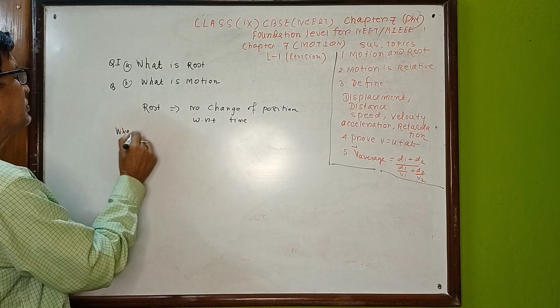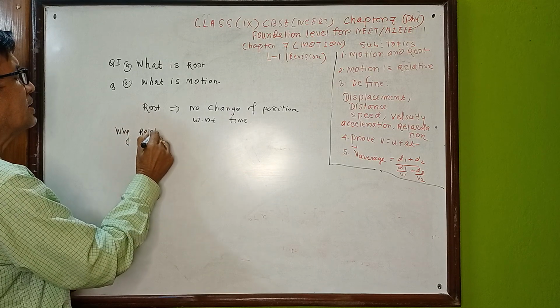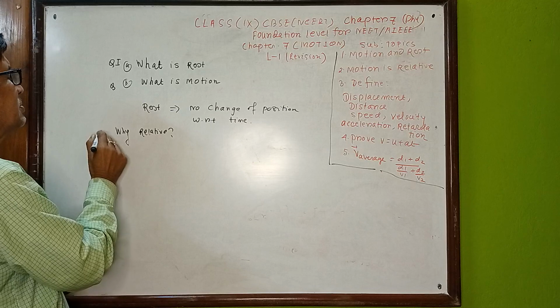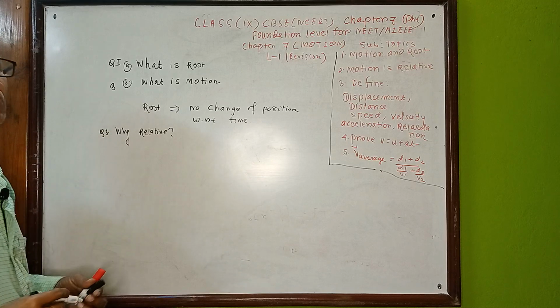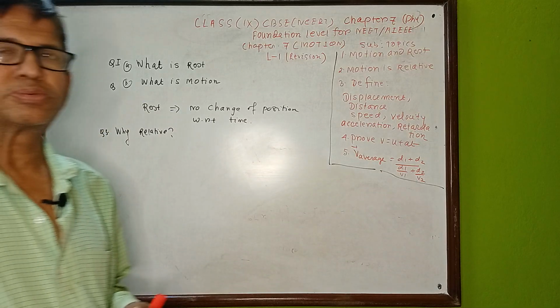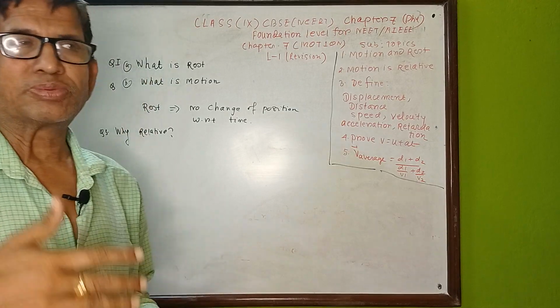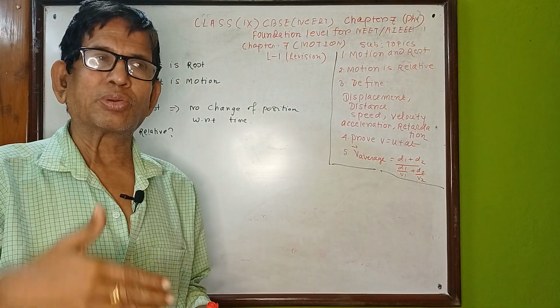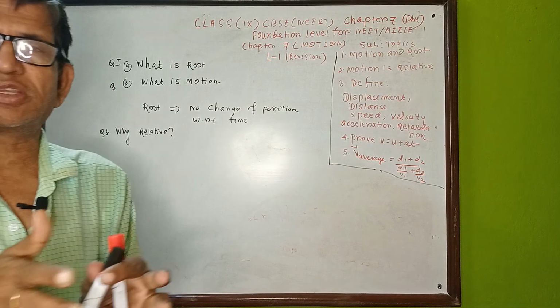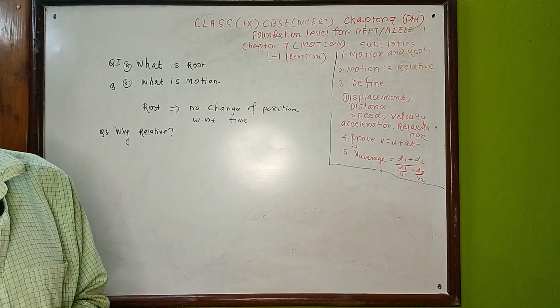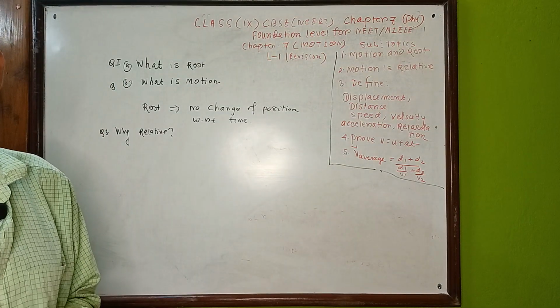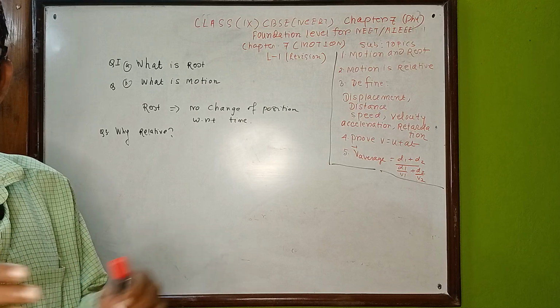But why is it relative? Question number 3, why is it relative? Because a body which you observe at rest, you are observing with respect to you or with respect to time, it is not changing its position. But if the same body is observed from a running body, there is a relative motion.